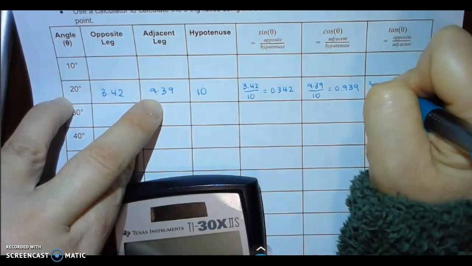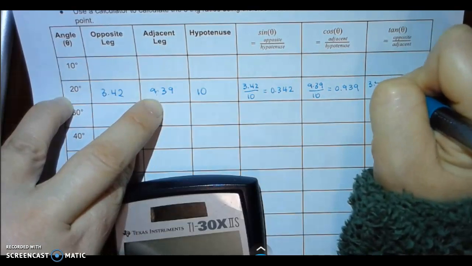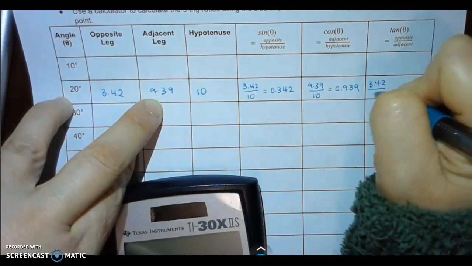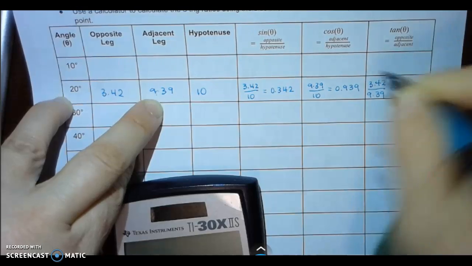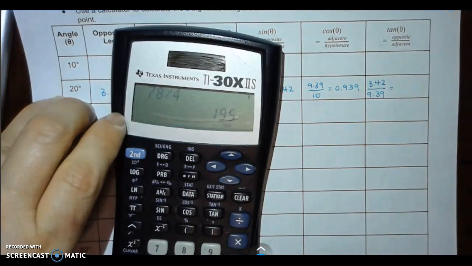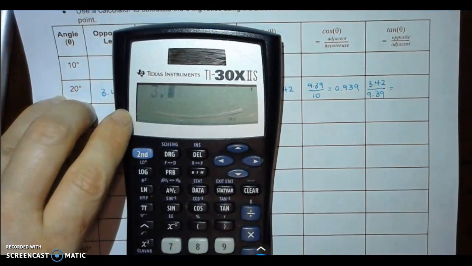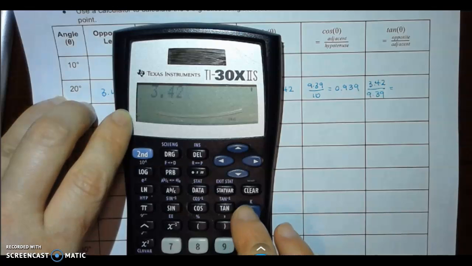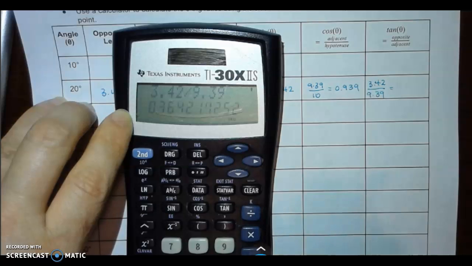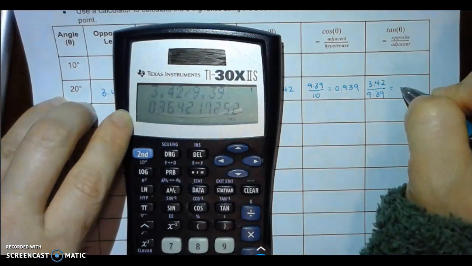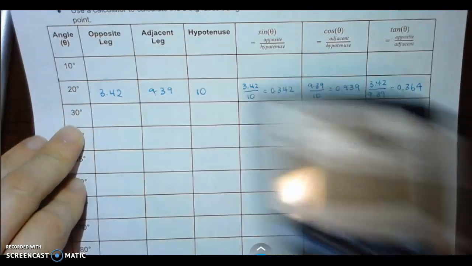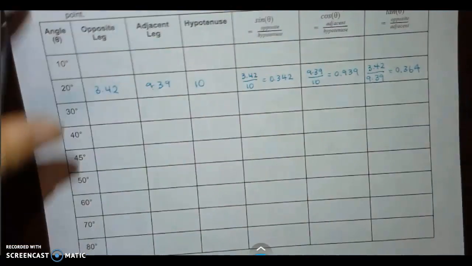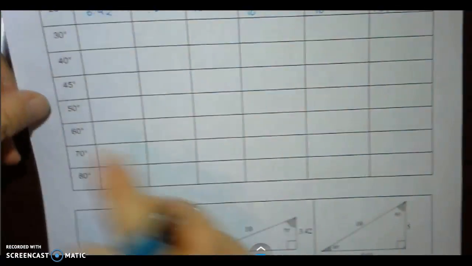So that's going to be 3.42 divided by 9.39. When you use the calculator, that is going to give me 0.364.